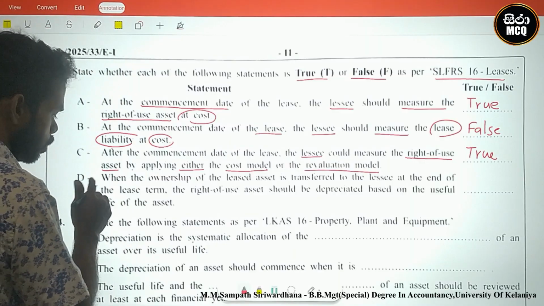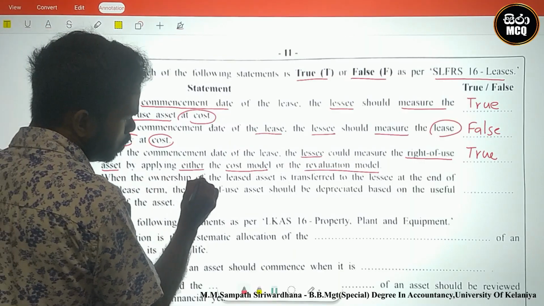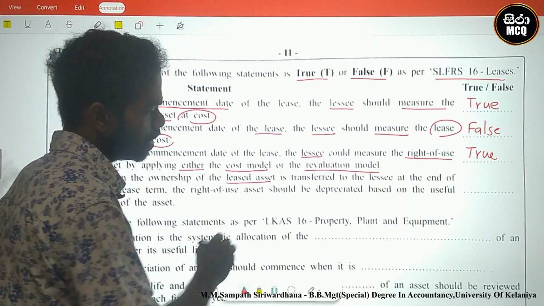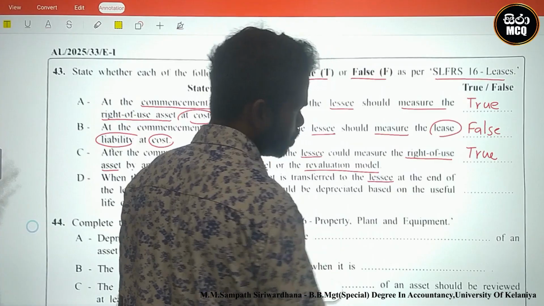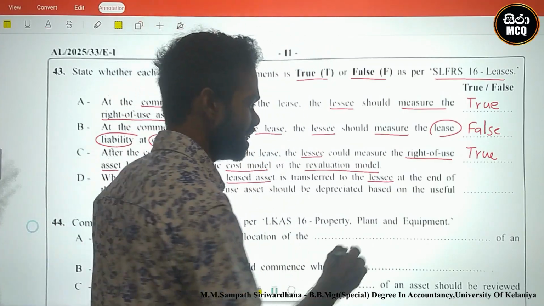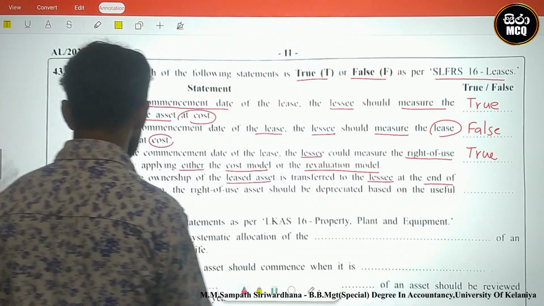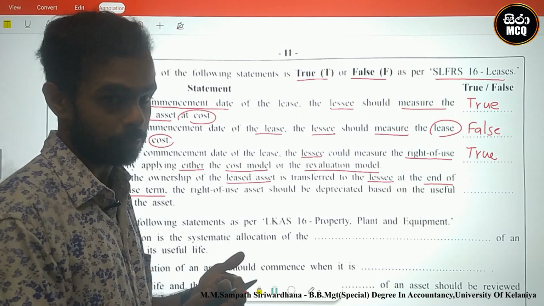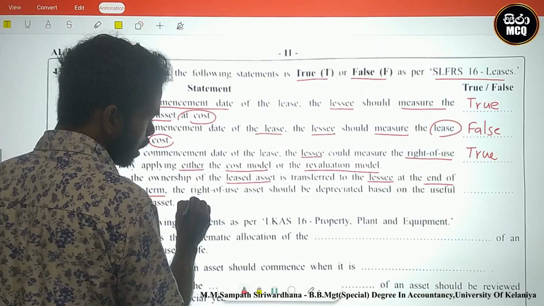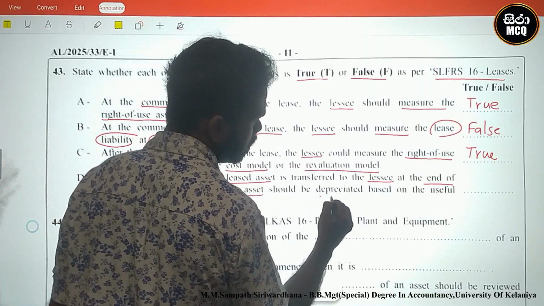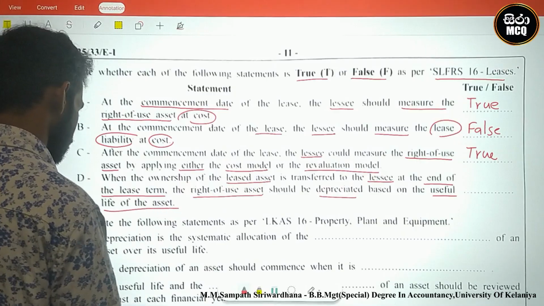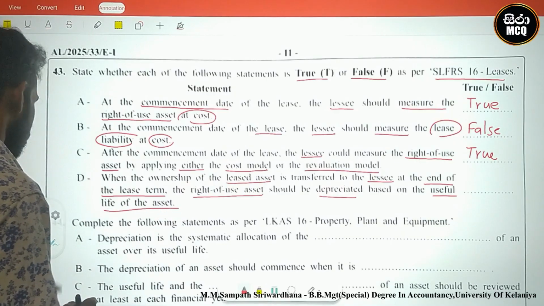Okay, look here, the fourth one. When the ownership of the lease asset transfers to the lessee, meaning the purchasing person, at the end of the lease term, meaning lease time, the right of use asset should be depreciated based on the useful life of the asset.